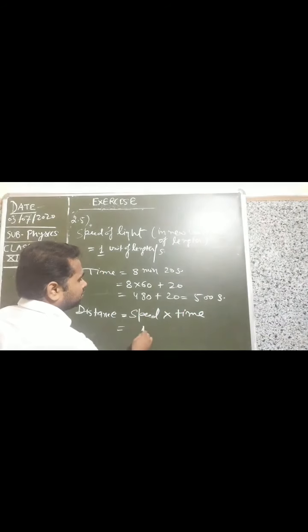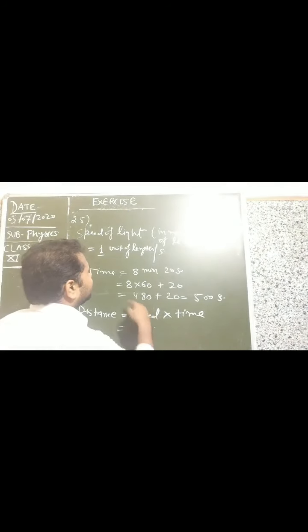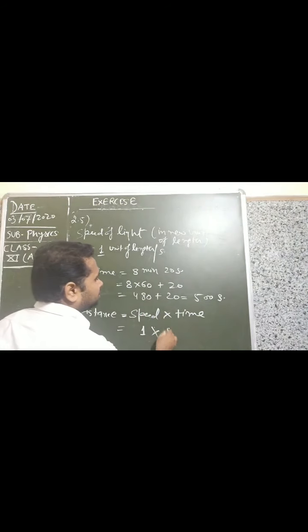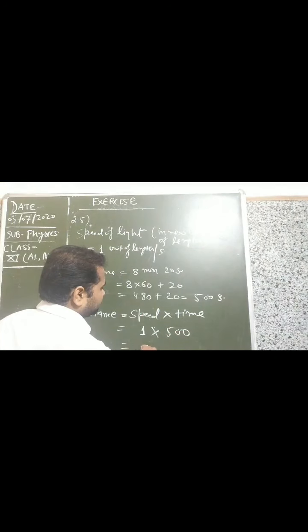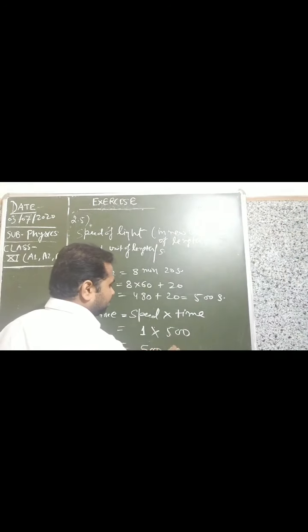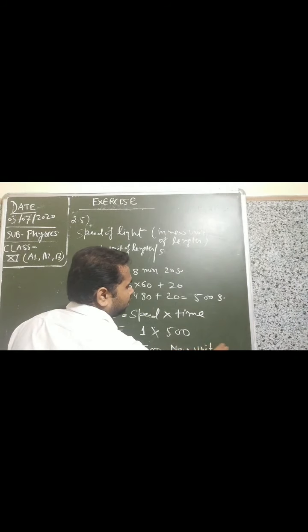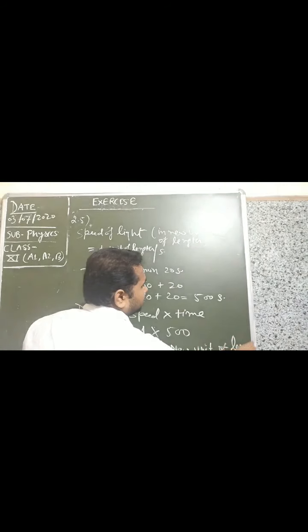Speed is given as 1 in the new system of length. So it is 1 multiplied by time, 500. Sorry, it is 500. So it is 500 new units of length.